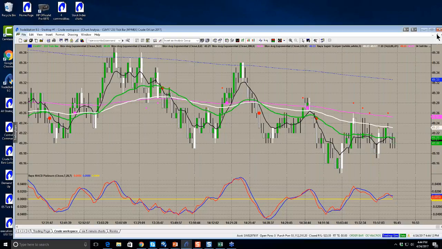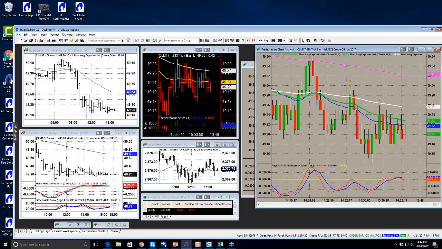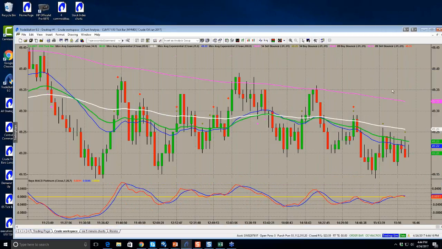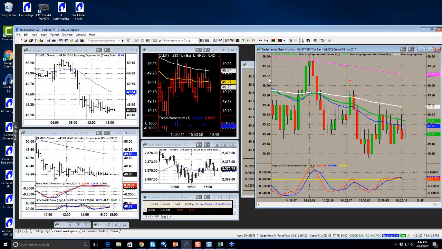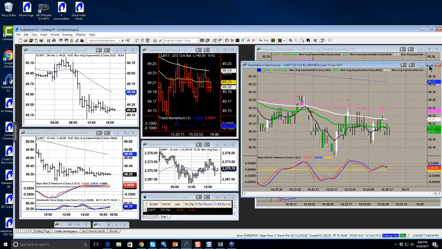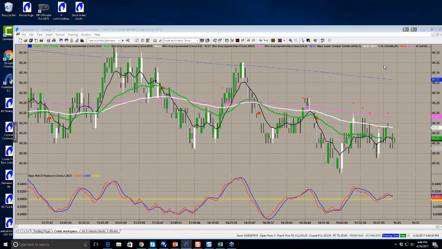So let's just take a look at it. Look at the slope of the moving average on 610. It's the same approximate value in the 233 at 535. So it lets you know that within seconds, I can look at one chart.